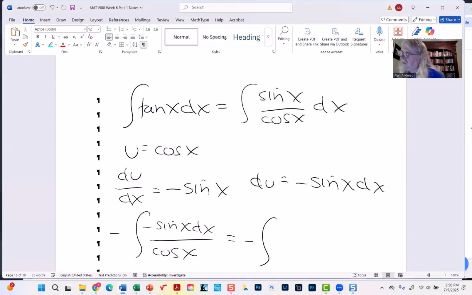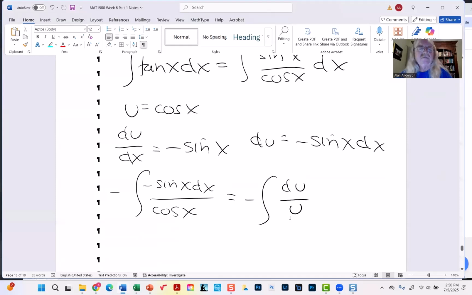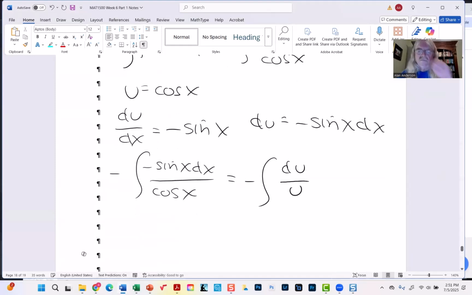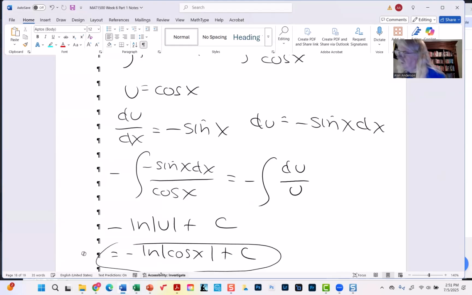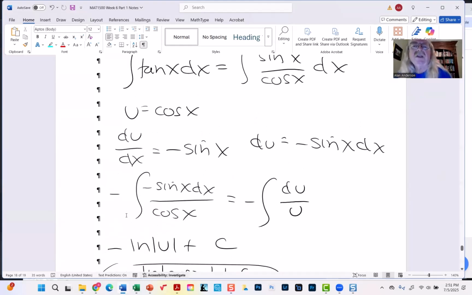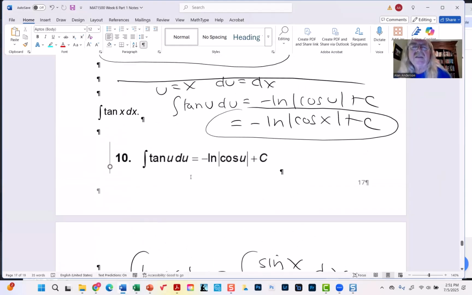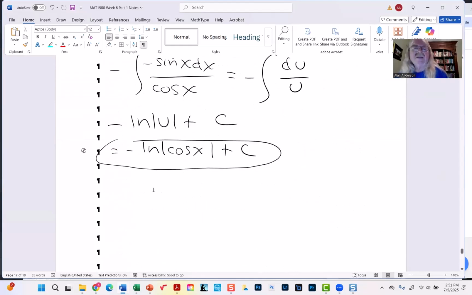So now what we have is negative du over u. And of course, that means that we have negative log u plus c, and then we have negative log cosine x plus c. And of course, that's what we just got by looking it up in the table. So either way, we'll get the same answer.